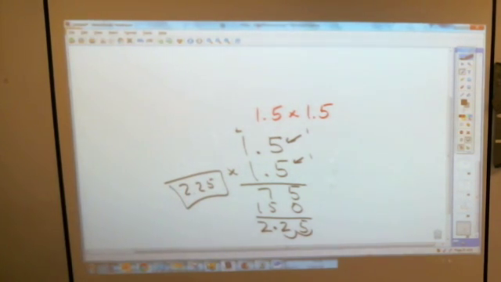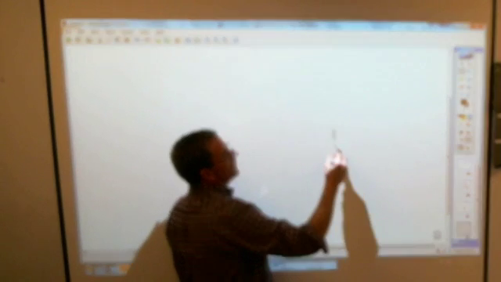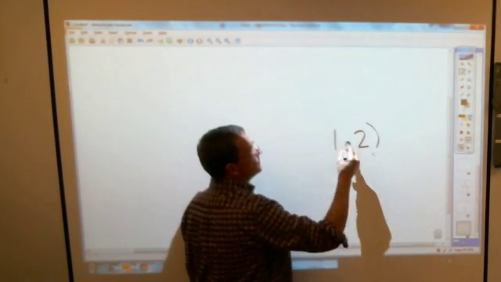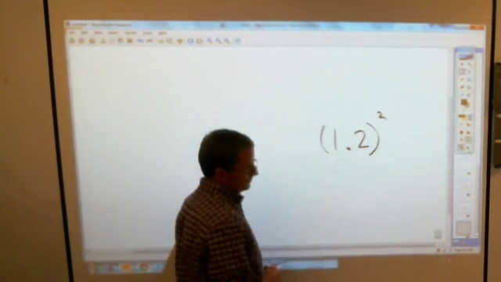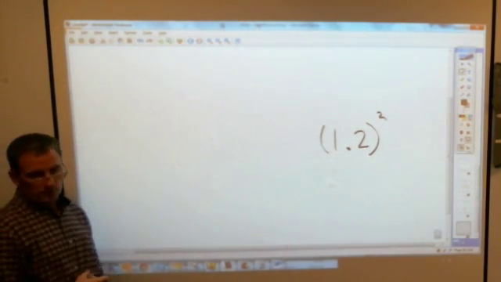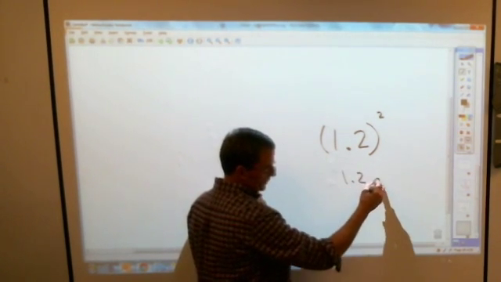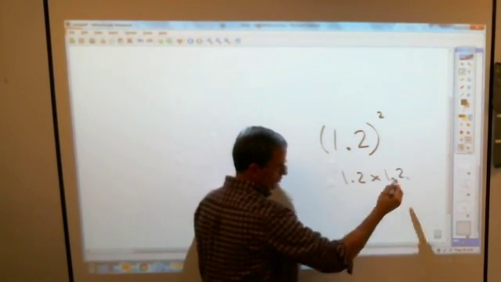Don't let these sort of things fool you, because I can tell you, you'll get this wrong. How about this? 1.2 squared. Don't forget what squared is. It just means you are going to take 1.2 and multiply it by 1.2.